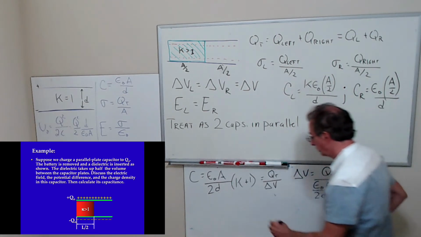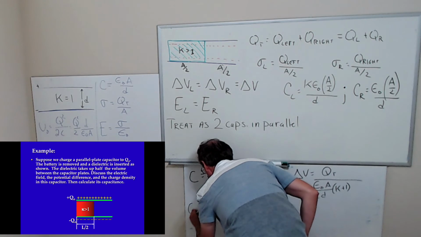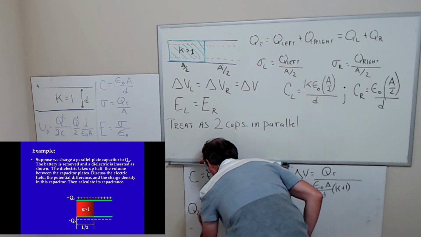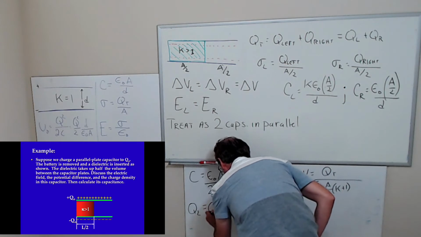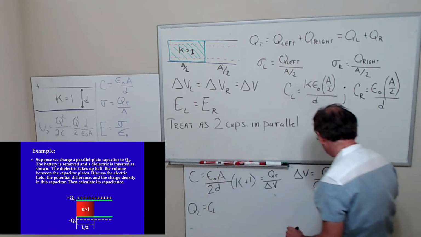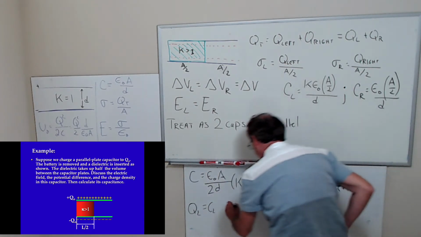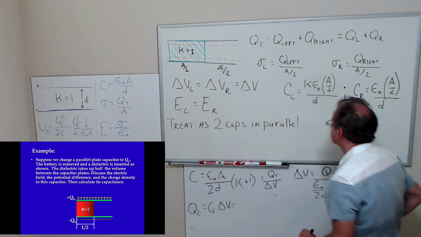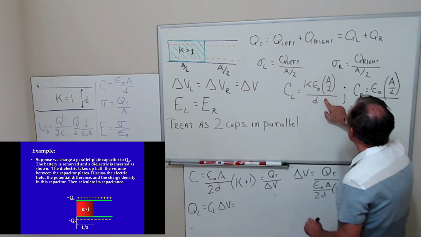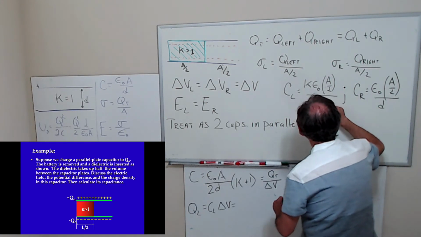Because Q left is going to be C left times this thing. And C left is this expression. You can see this is getting messy here.